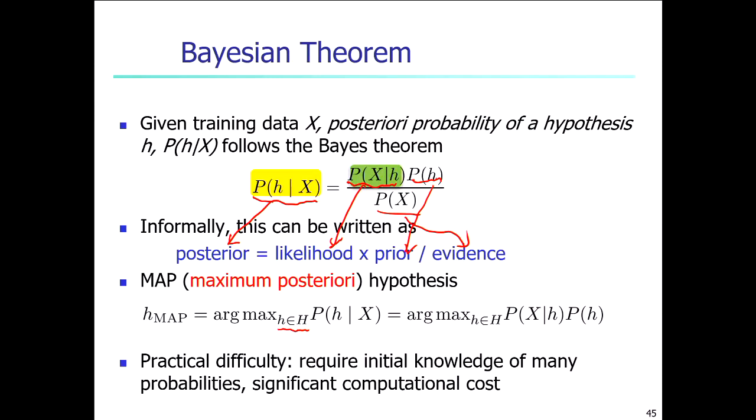And this is equal to the argmax over H of the probability of X given H times the probability of H. This is because directly computing the probability of H given X is hard. So we compute the probability of X given H and the probability of H. And later you will see this one is easy to compute as well. So all our effort is to compute the probability of X given H.